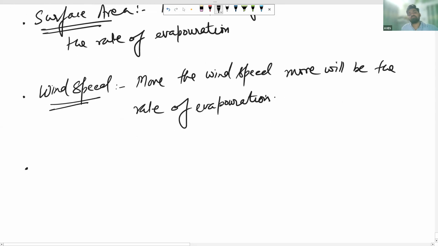Temperature first. Is the rate of evaporation directly proportional or inversely proportional to temperature? If you increase the temperature, will the rate of evaporation be faster or slower? Faster.